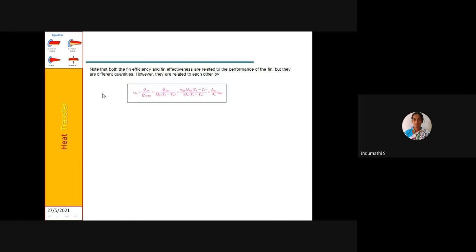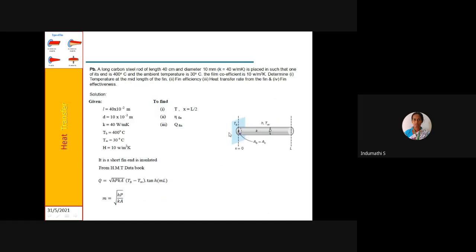Mathematically, the fin efficiency and fin effectiveness are related to the performance of the fin, but they are different quantities. They are related to each other like this. Then these are the problems for different fins. Here a circular uniform fin has been taken, whose dimensions, temperatures and film coefficient are given.